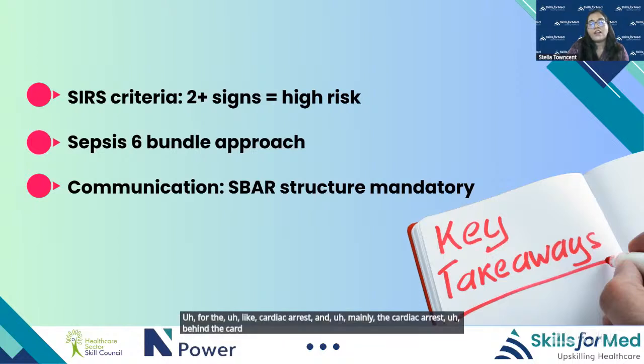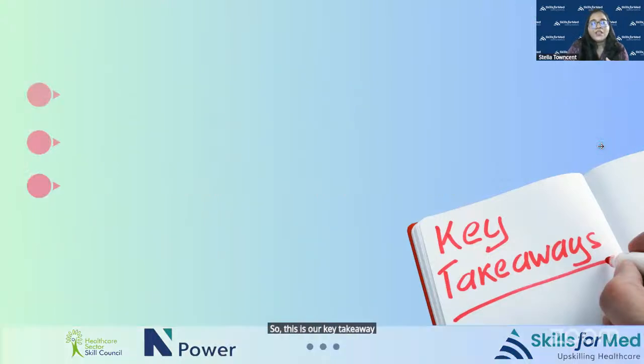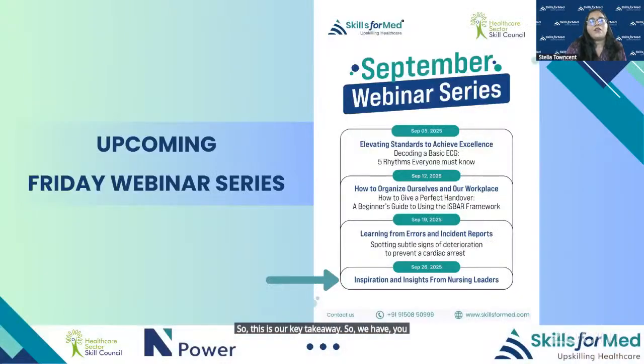Behind the cardiac arrest, the underlying cause will not always be the heart; the heart itself can be affected by the supporting organs also. So this is a key takeaway. We have come to an end.